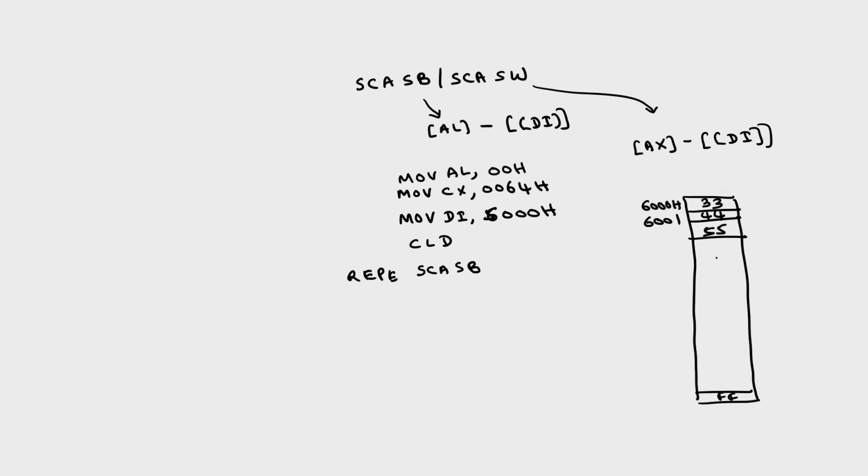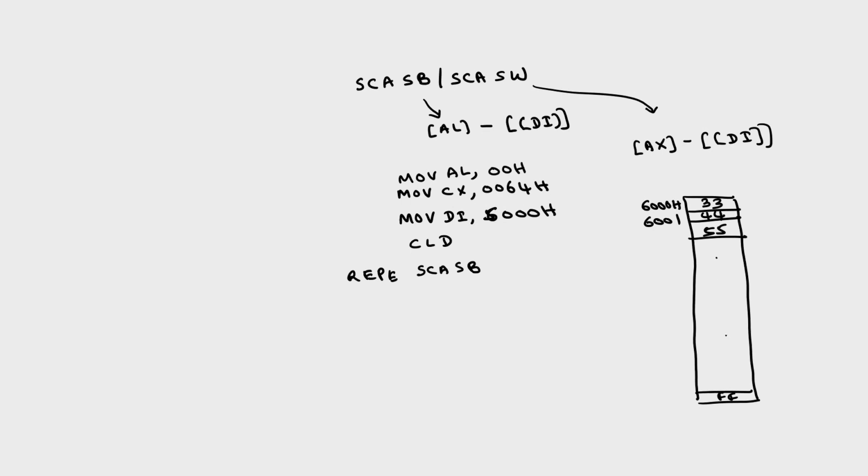That is the difference for repeat equal. If I write repeat not equal, then all the 100 comparisons will be performed if no data here is 00. If any data is 00, then again it will quit this operation.